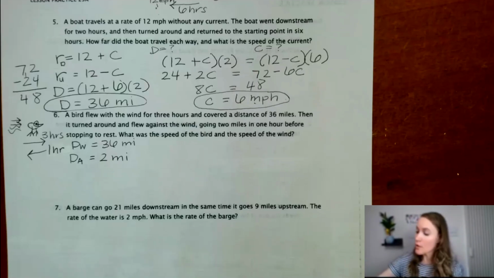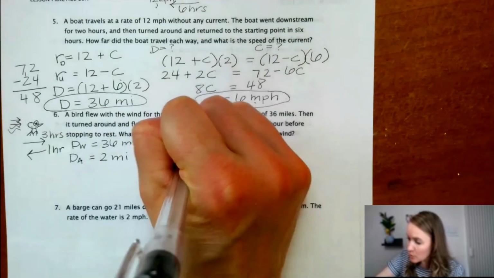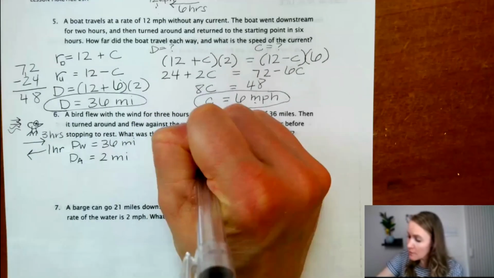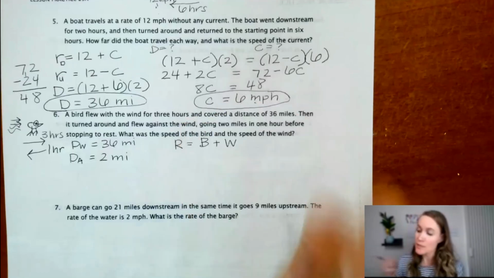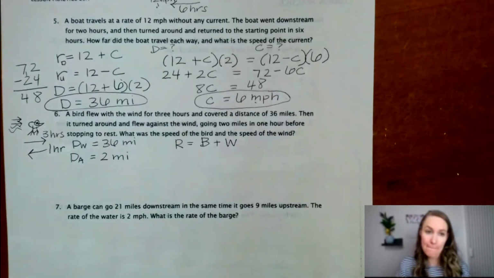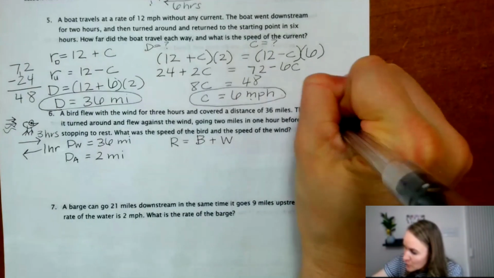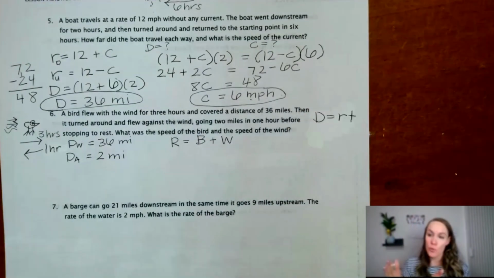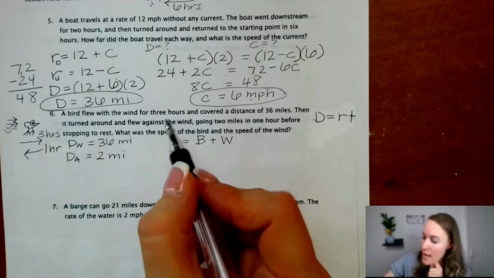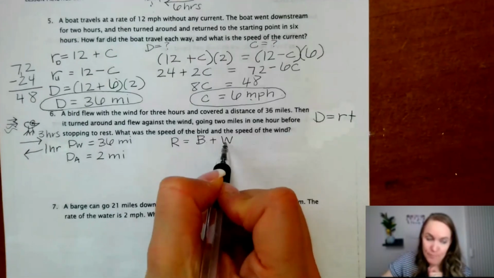Okay, great. So our rate is the question mark here, and it's going to be the speed of the bird plus the speed of the wind. So what we actually want to do here is have 2 distance equals rate times time equations, because we're going to have 2 equations and 2 variables.